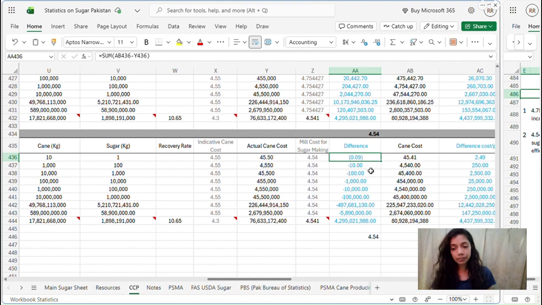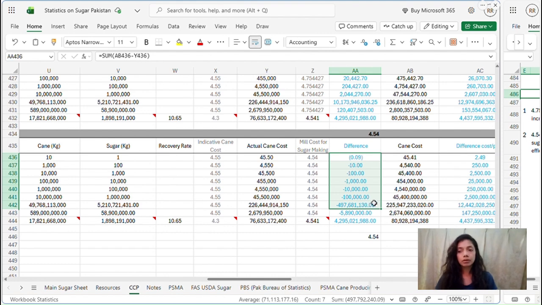Now this 9 pesos in minus, all these values, are not indicating that they had incurred a loss, but that they were able to produce the same quantity of sugar at less cane cost. This could mean that they had better cost management, or they were good at extracting more sugar through intelligent processes deployed at their mills, through having better equipped or advanced technology machinery, that they were able to reduce the cost for making 1 kg sugar.